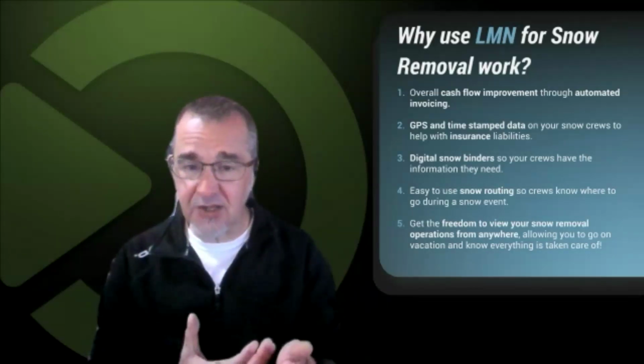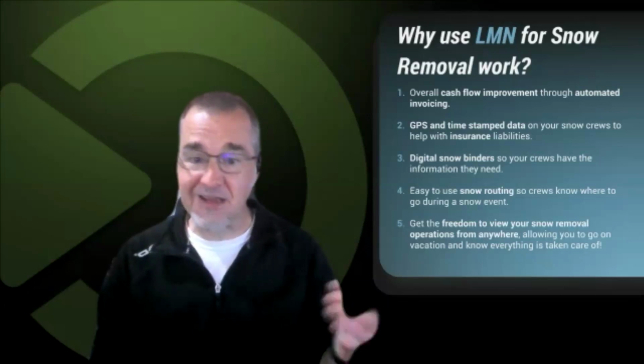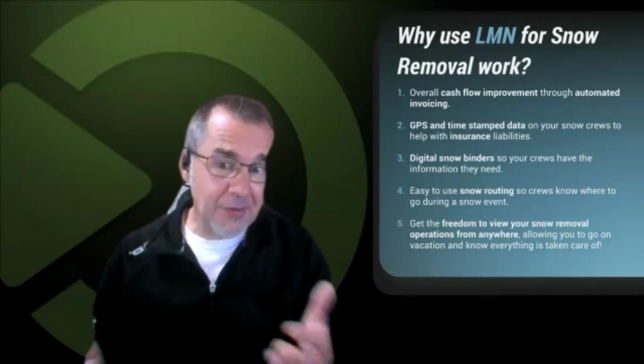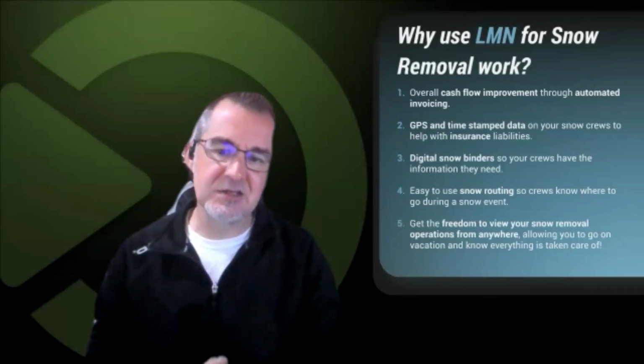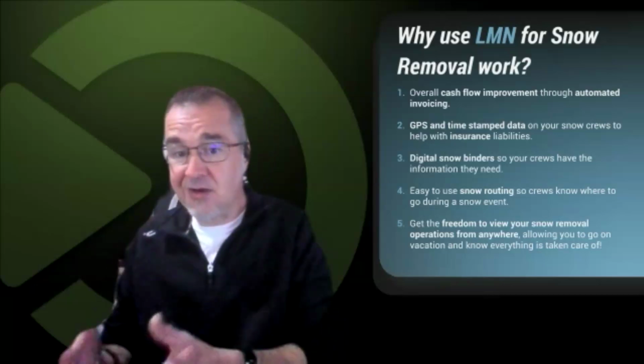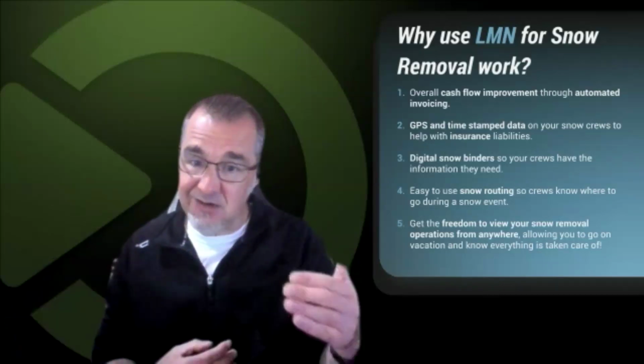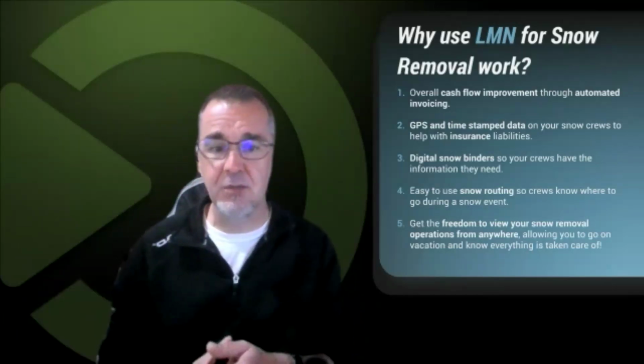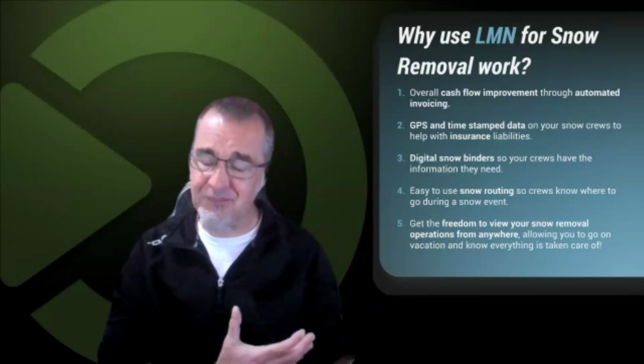So if it's a parking lot, what is the best way for them to get in and get out and clear that parking lot as quickly as possible? So provide your crews with a plowing route. Again, it makes it really nice and easy for them to know, oh, okay, I'm at this property. I know I've got to start here, finish here, and this is the way I'm going to do it to be more efficient, right? So we can move on to our next location.